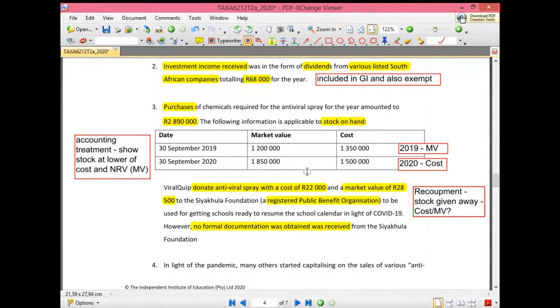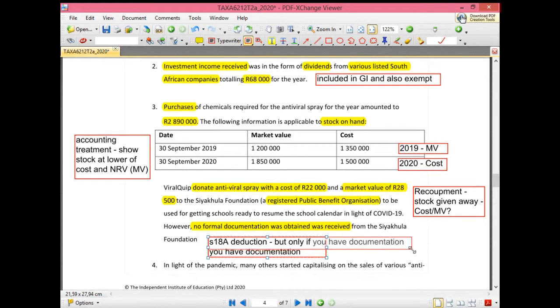Now the other thing which I said is if you make a donation to a PBO, you are allowed a Section 18A deduction, but only if you have the documentation. Now in this scenario, they told you we have no formal documentation.